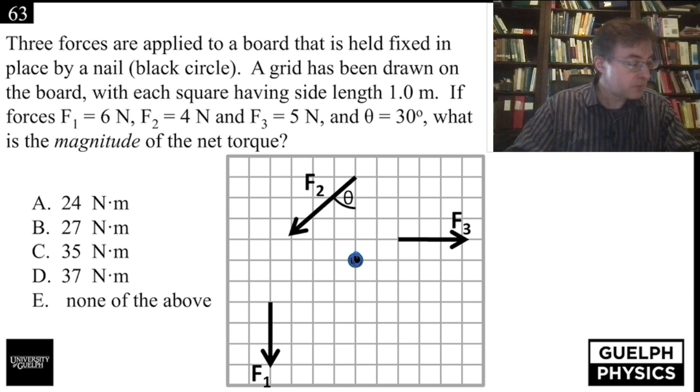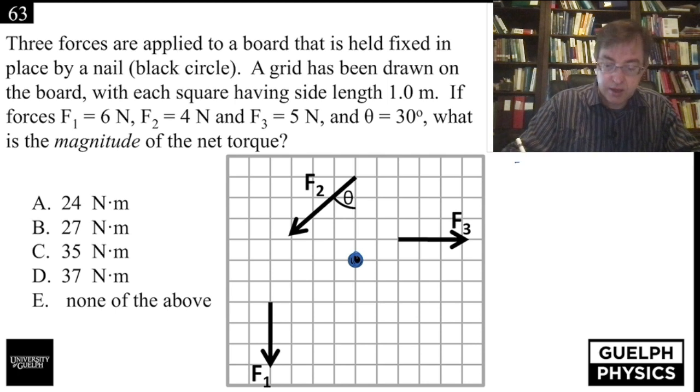Okay, and so what you need to do is calculate the net torque, and so you have to sum up the torque from force 1 plus the torque from force 2 plus the torque from force 3.